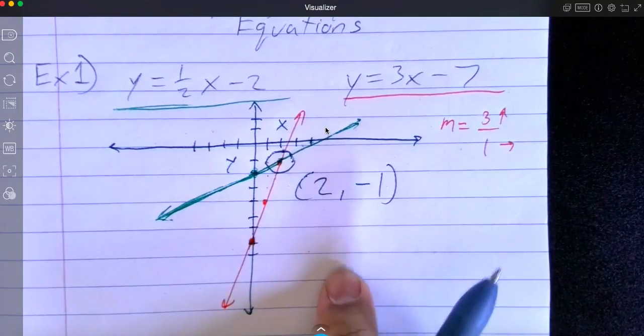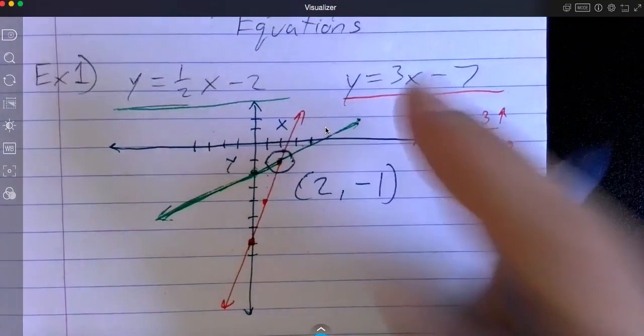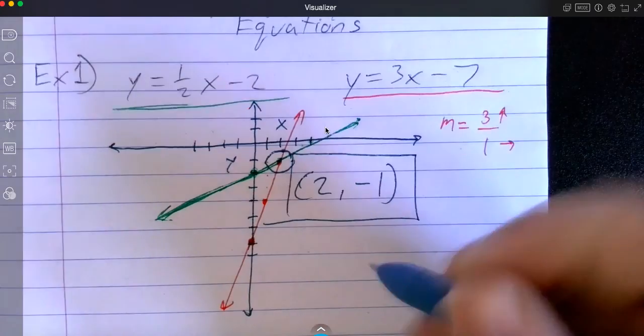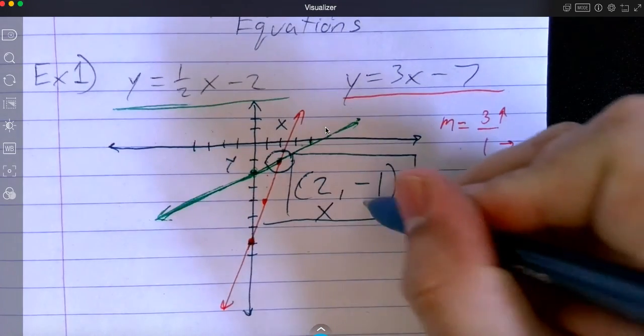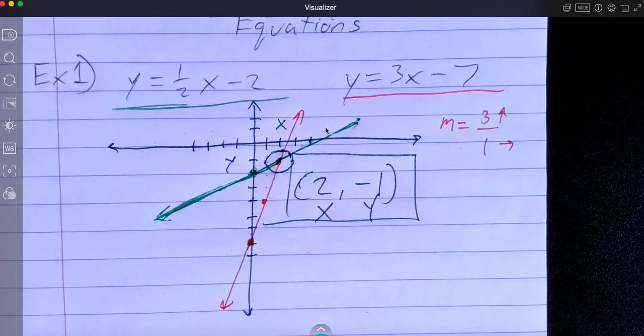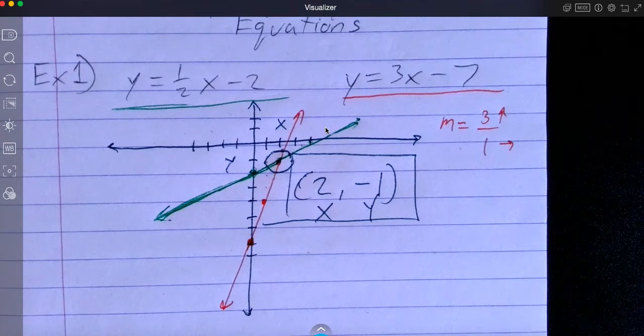Guys, this is your answer for these two equations. This is your answer for the system. Your answer for x and your answer for y. And this is basically it. When you're solving a system of equations, you intersect where the lines touch, where they cross, that point is where you find your answer. That is where the graphs are the same.